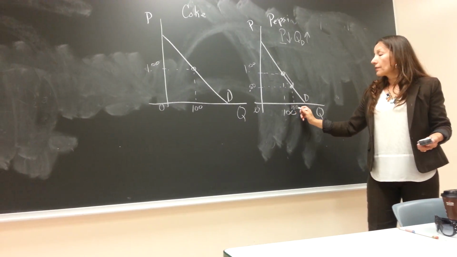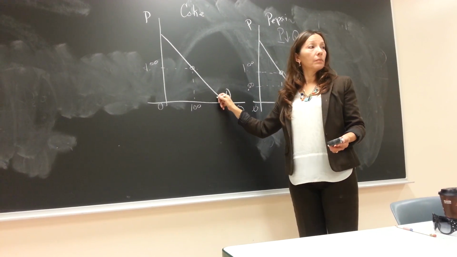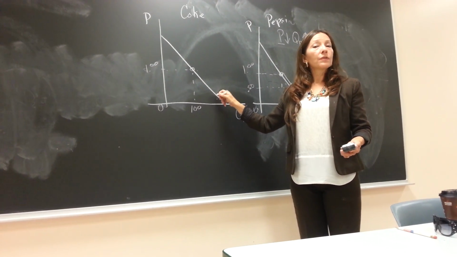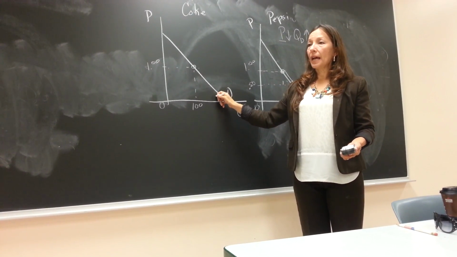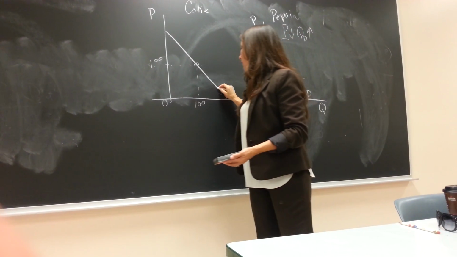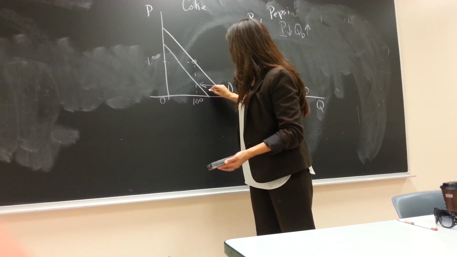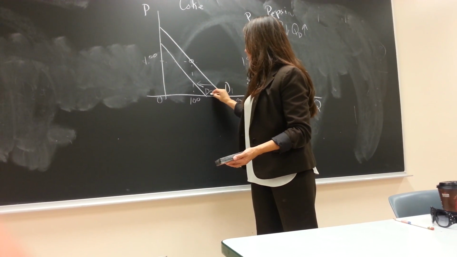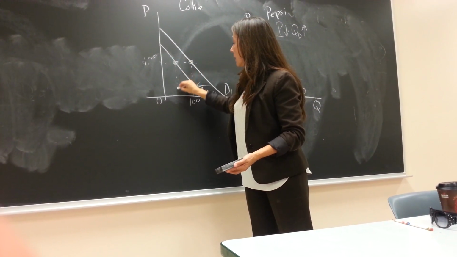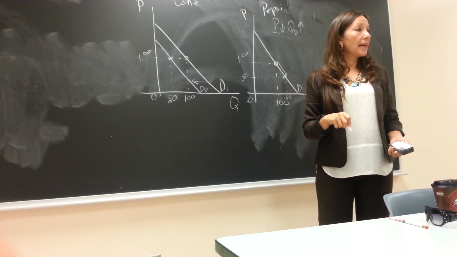So where do these extra 50 people come from? They come from this market. So if this market loses buyers, what happens to the demand curve? Shift to the left. It shifts to the left. And so now, D1, D2, at $1, they're only selling 50 cans of Coke.